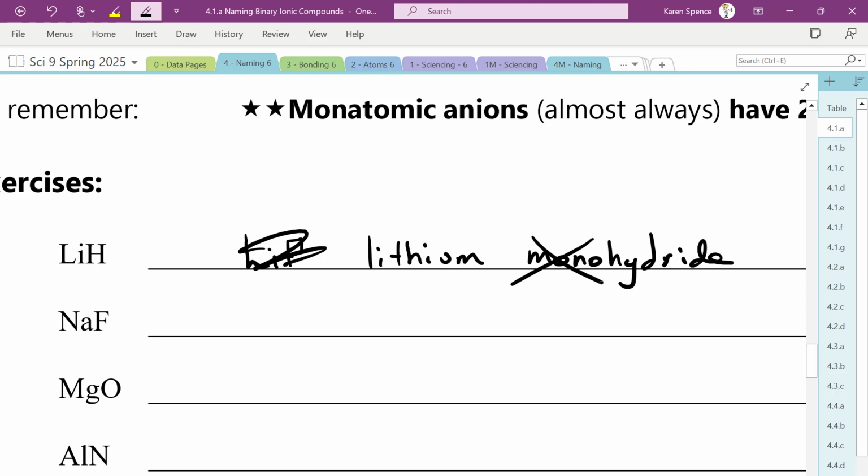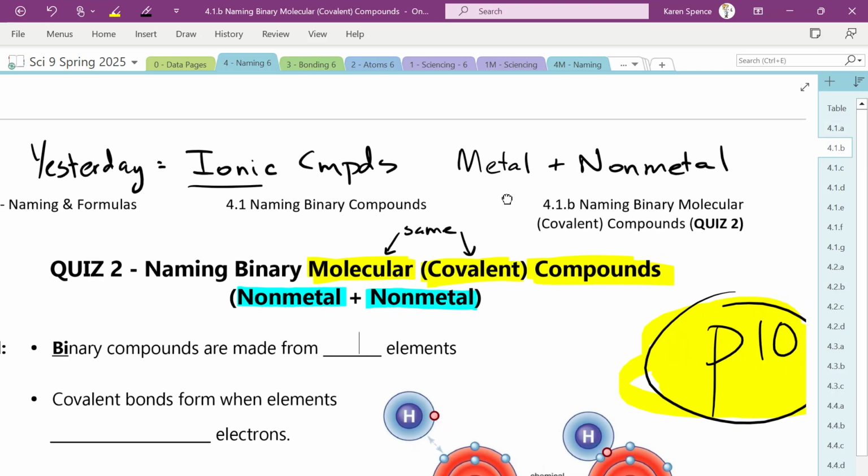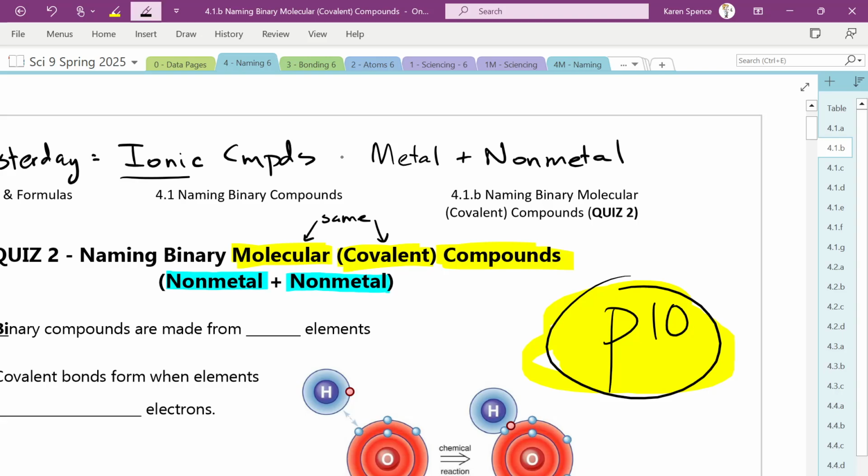No. When we have ionic compounds, no prefixes. Okay? Ionic, no prefixes. So yesterday, ionic compounds, metal plus nonmetal, no prefixes.